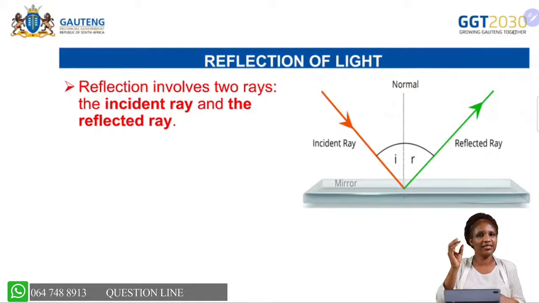Okay. This is the ray that enters our eyes, and then we see the color. Okay. Because it is reflected. What about the other colors of the spectrum? They will be absorbed in that surface or in that object. Okay. For example, if we see a blue color, what would have happened?